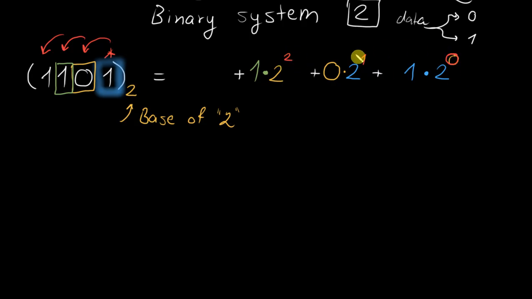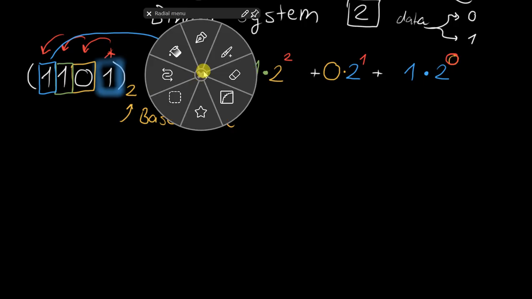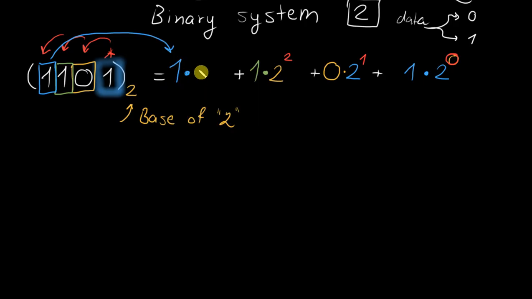So we have 0, 1, and 2. Let's finish things up with the final number, which is again the number 1. I write it here, multiply it, and put 2 to the power of 3.